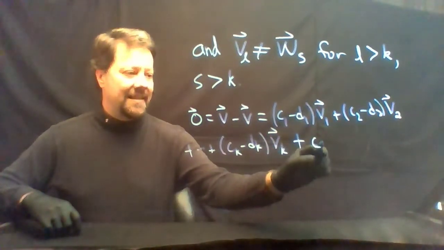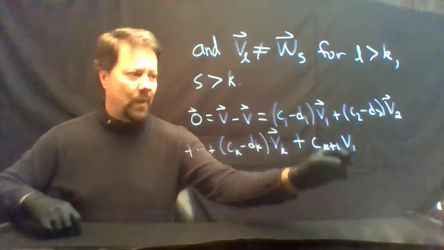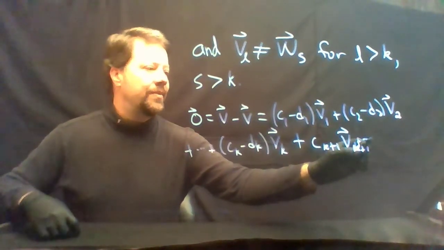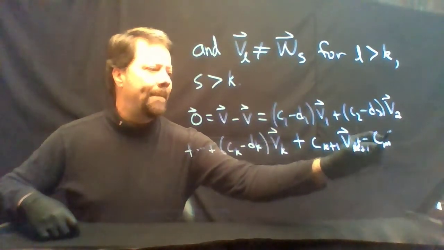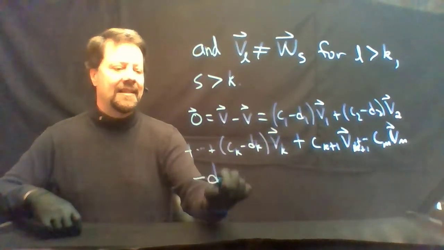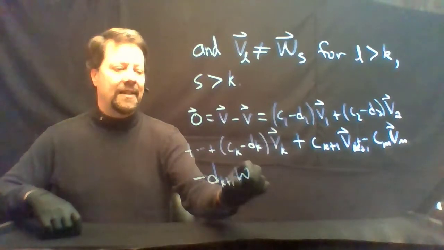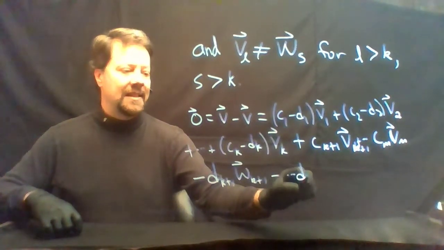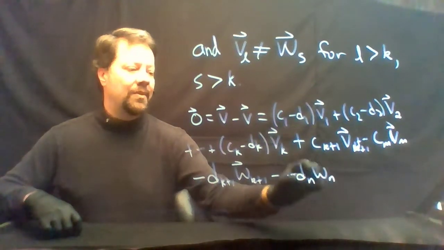We'll have c(k+1) v(k+1) through cm vm, and then minus d(k+1) w(k+1) through minus dn wn.